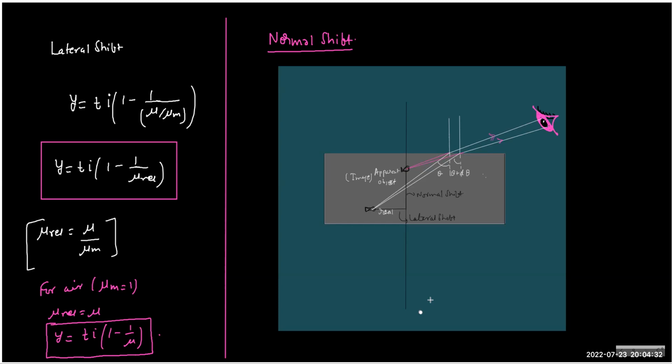One is called the normal shift, the other is called the lateral shift. The lateral shift occurs because we are looking at it quite obliquely. You can see the fish is on the quite left side and you're trying to look from the quite right side.